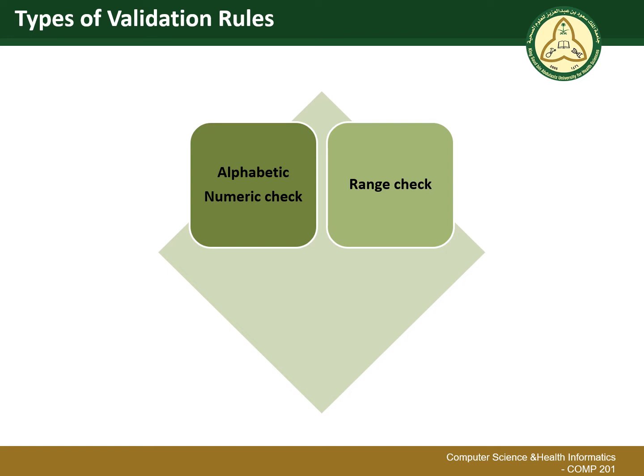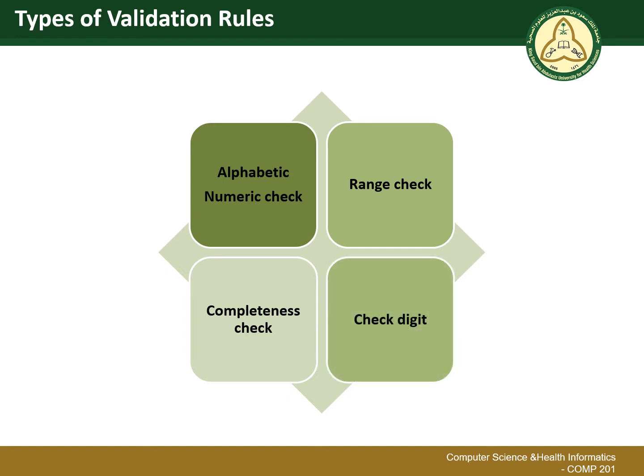Range check, it will check if the data falls in a specific range. Completeness check, it will check if the field or the data is completed or not. And we have check digit.